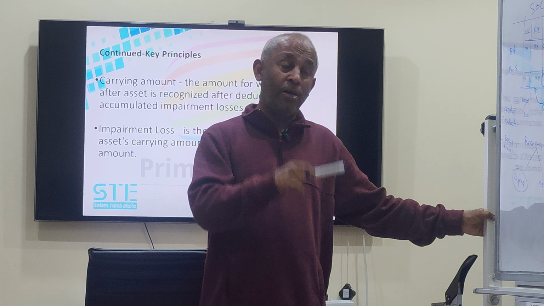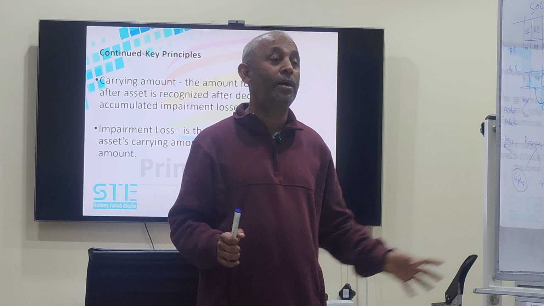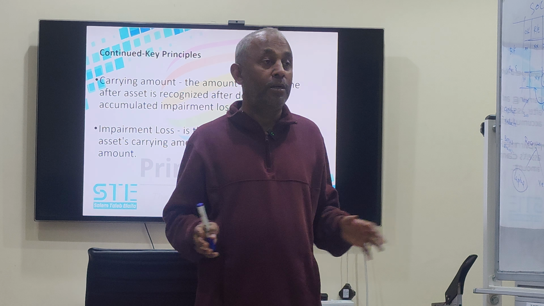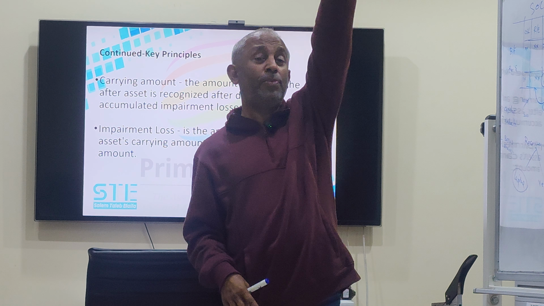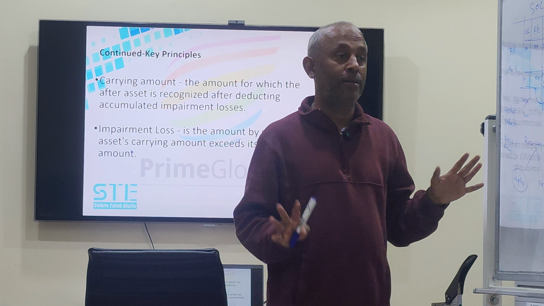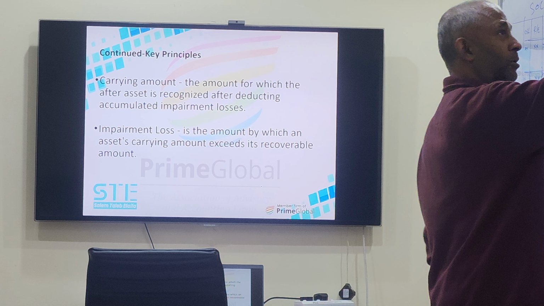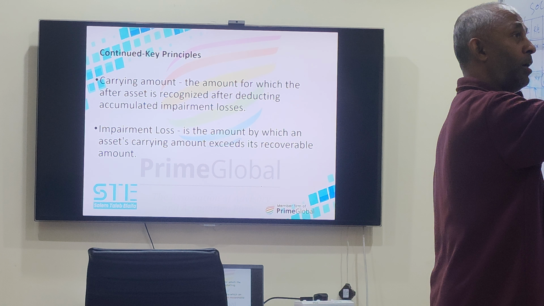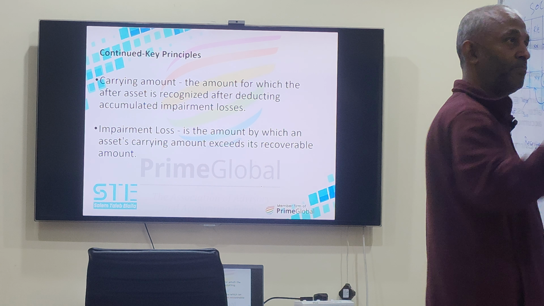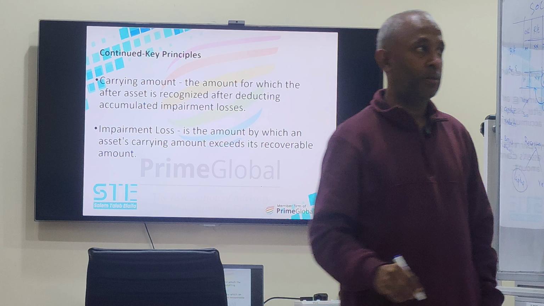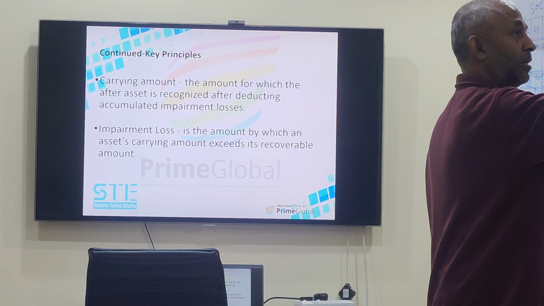There is also something called fair value less cost to sell. These terms we need to discuss. However, to keep it very simple, a significant drop in value compared to the carrying amount is what impairment is. Let's say your carrying amount is 1,000 and the full market value is 600. Then this 400 is the impairment loss.